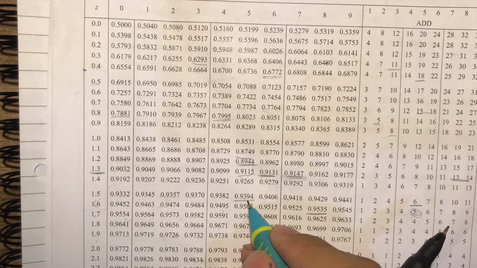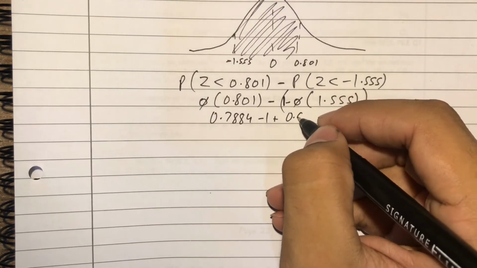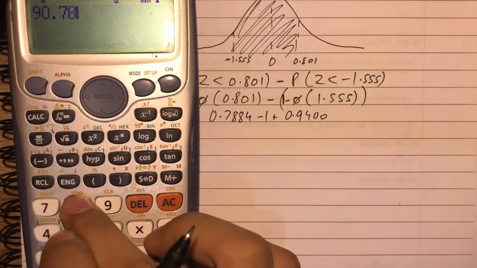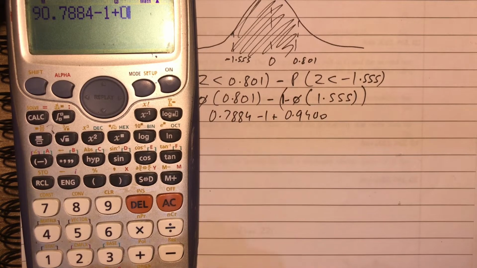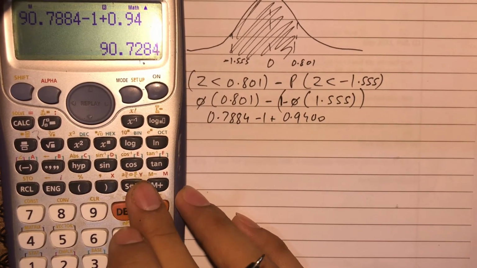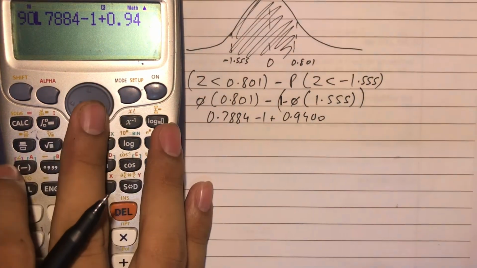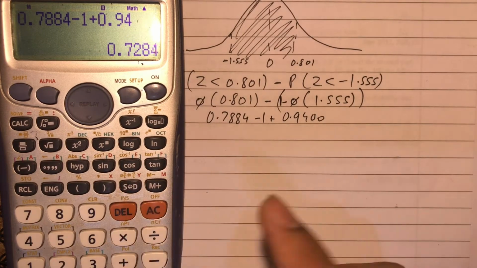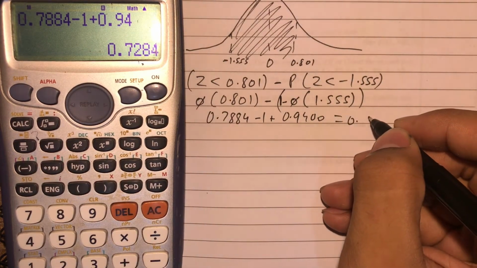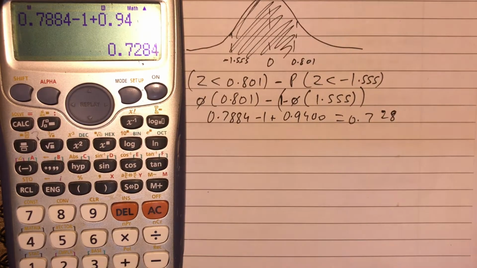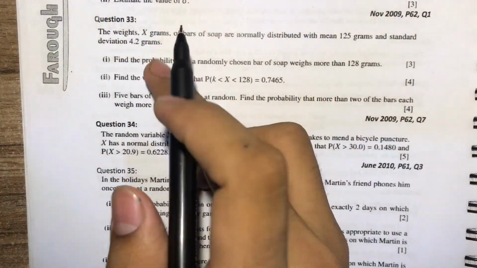So 0.9400. Simplifying this, 0.72. The next question is question 33.